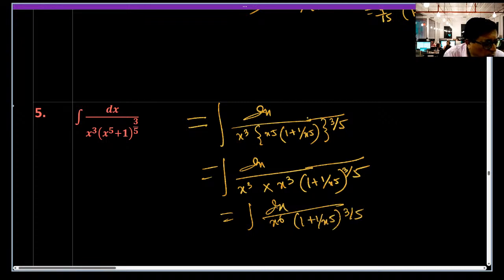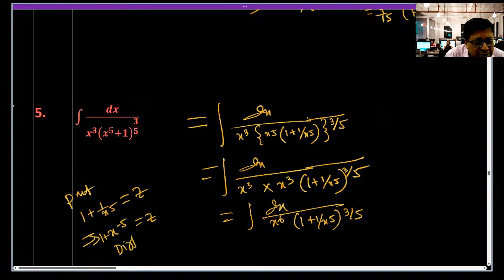Okay, so put 1 plus 1 by x to the power 5 equal to z.